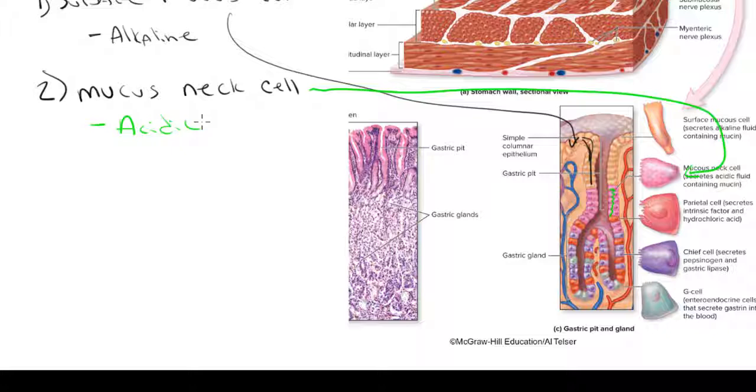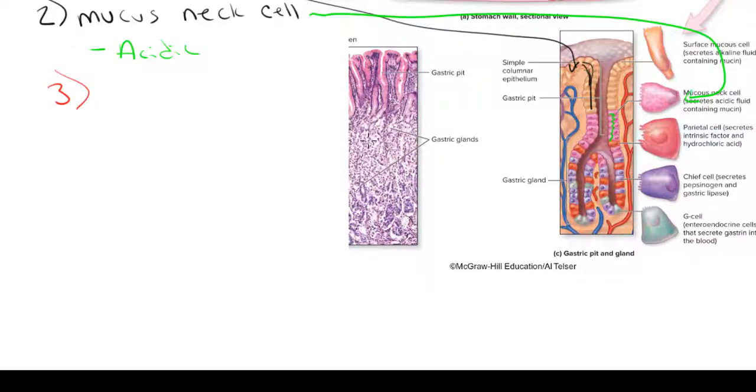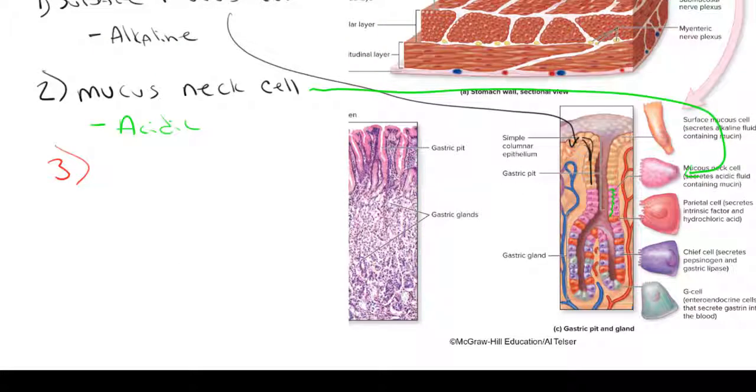Let me get to the third one. I might as well do this in red. Number 3 is going to be parietal cells. This is the next cell type. I want to make sure I spell this right.